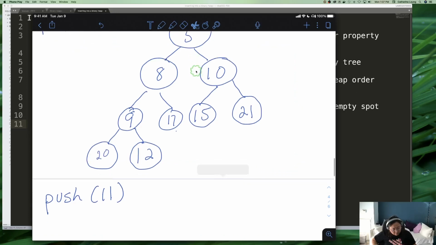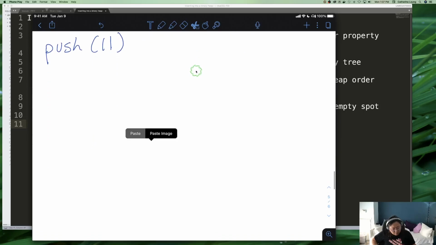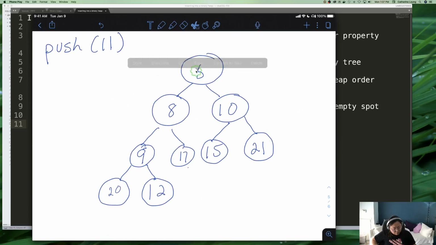What would happen if we pushed 11 into this tree? Go ahead, give it a shot. You have to pause the video. Okay. 5, 4, 3, 2, 1.